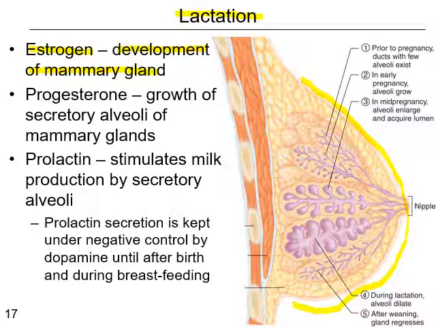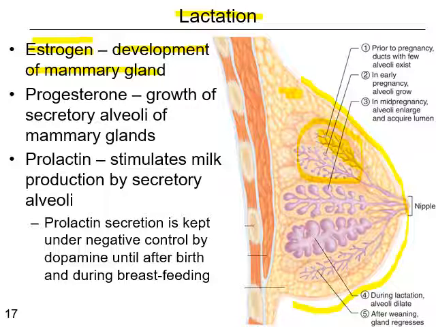Inside the breast, there are layers of fat, and inside there are mammary glands. There are ducts that exist prior to pregnancy. The high sustained levels of estrogen during pregnancy cause development of these ducts of the mammary gland.